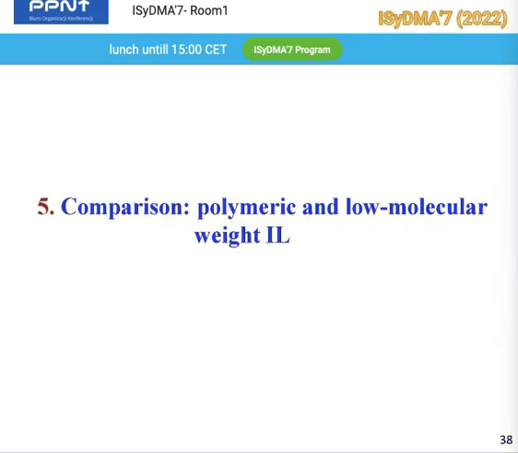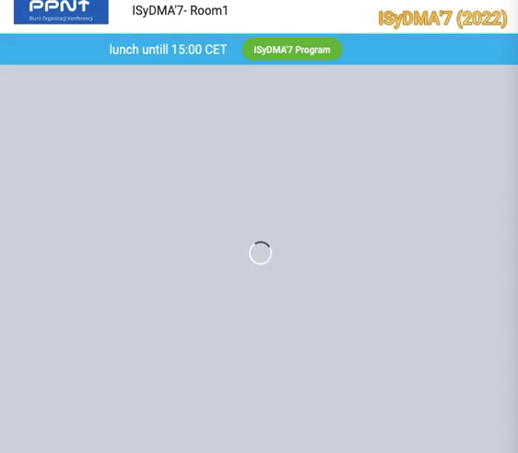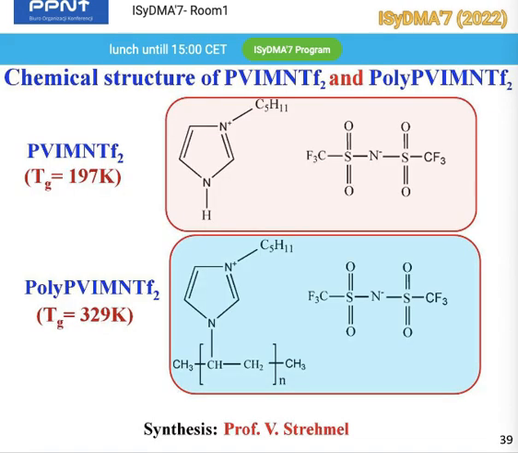So now let me briefly say a word concerning polymeric systems. Because of technical reasons, one is of course highly interested in working with polymeric systems, and we carried out comparisons where, for the low molecular systems, we used the identical cation and anion as in the case of the polymeric systems.